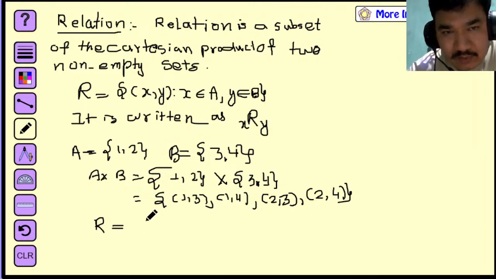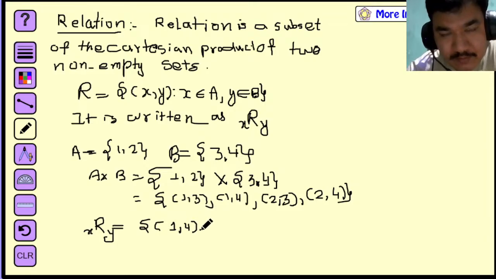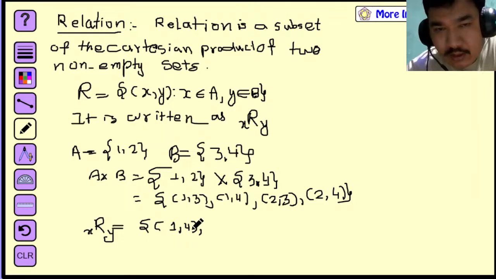One ordered pair is 1 comma 4, right? Look here, this 4 is 3 more than this 1. There is only one ordered pair we can select from here.